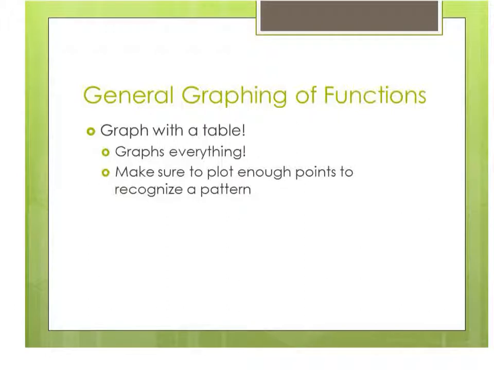And so then how do I graph something? Well, if we're talking a line and you remember how to graph from slope-intercept form or something, I would definitely use that. But what if we're not talking a line? A table graphs everything. If I give you something crazy, silly that you've never heard of before, we can make it a lot crazier than that.